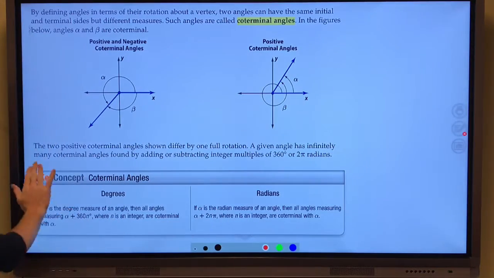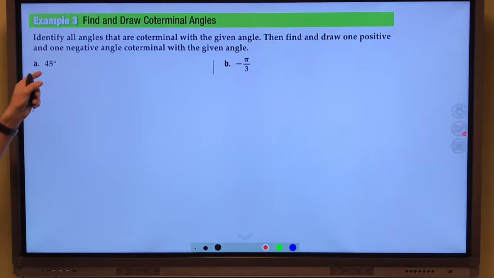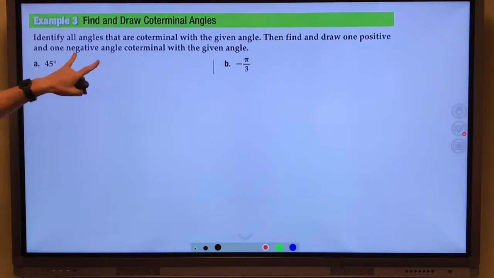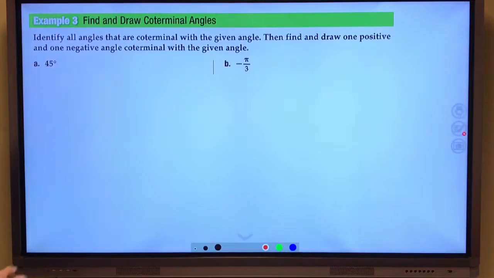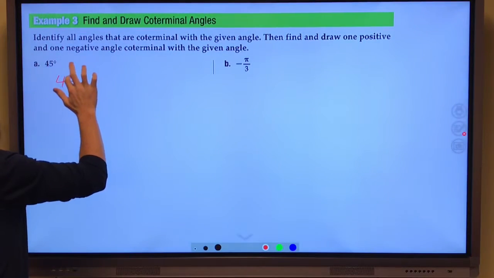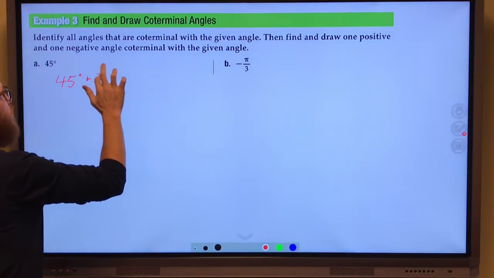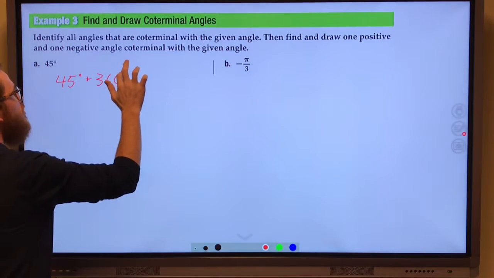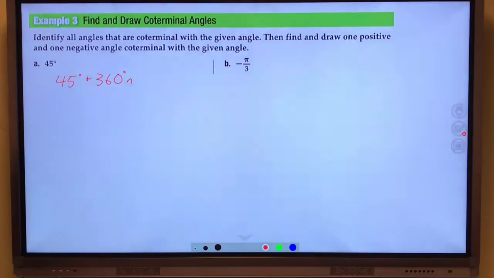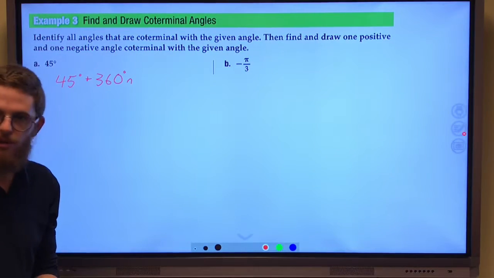So let's see some examples of this. Here, if we have 45 degrees, we want to identify all angles that are coterminal to this one. Well, that's going to be 45 degrees plus 360 n, where n is any integer.